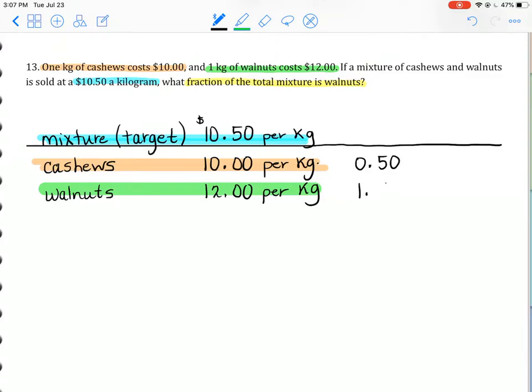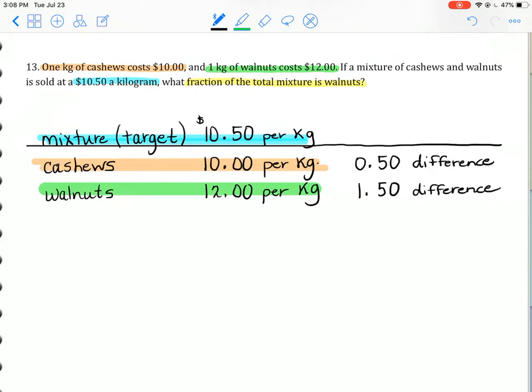So there is a $1.50 difference between the walnuts and the target. So you are comparing everything to the target. That's the key to this. Okay. Because remember, the target is $10.50 and we're comparing to those.